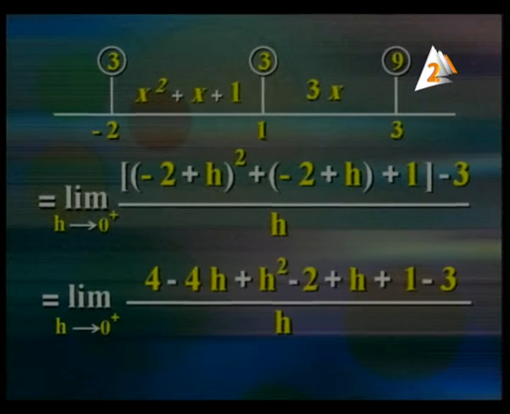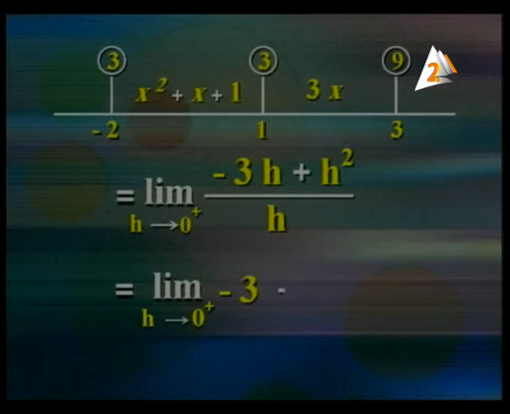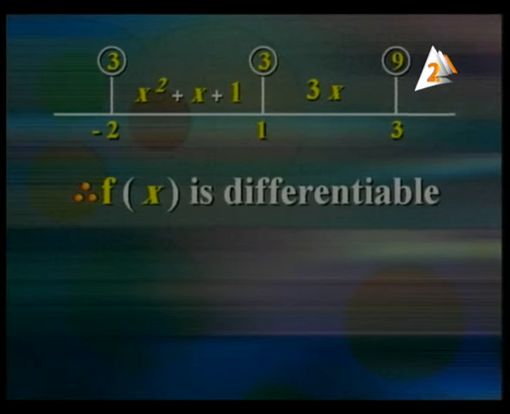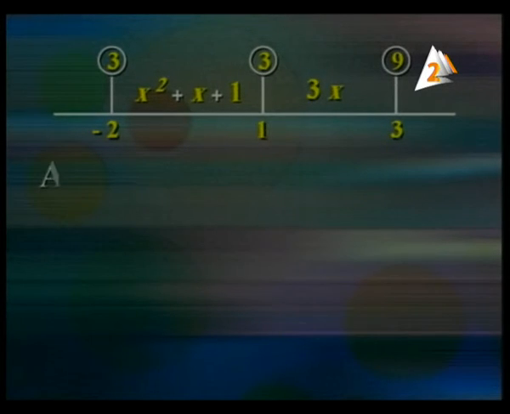This becomes 4 minus 4h plus h squared minus 2 plus h plus 1 minus 3 over h. We simplify, and the limit becomes negative 3h plus h squared over h. Using h as the highest common factor, the limit as h tends to 0 positive equals negative 3 plus h, which equals negative 3. So f of x is differentiable at x equals negative 2 from the right hand side.